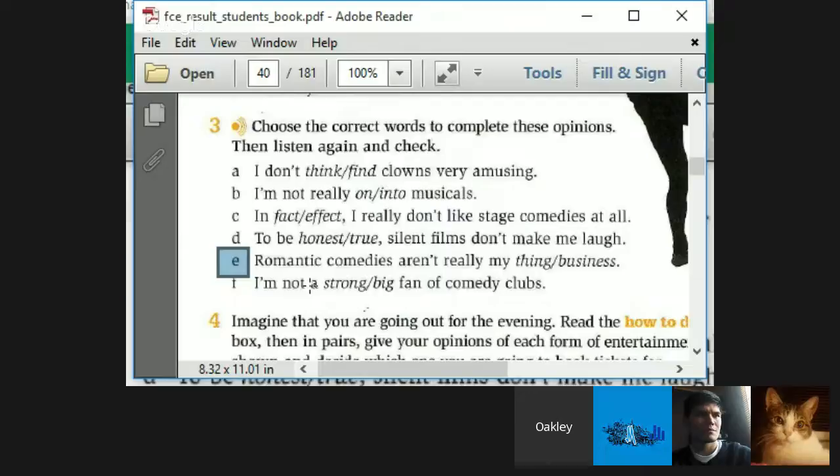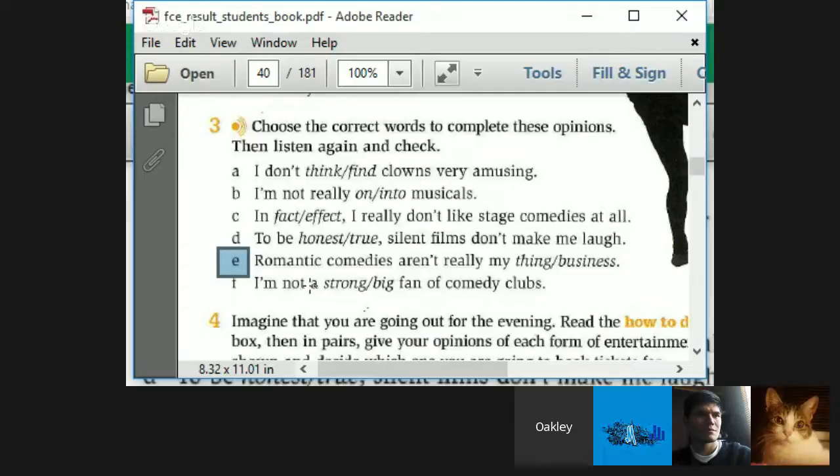Carolina, let's move on. E. Romantic comedies aren't really my business. Well, I mean that sentence does make sense, but you're saying that that's not your job. Which would make sense if you were working in Hollywood, and they said, oh, you work for a production company, you work for Warner Brothers.